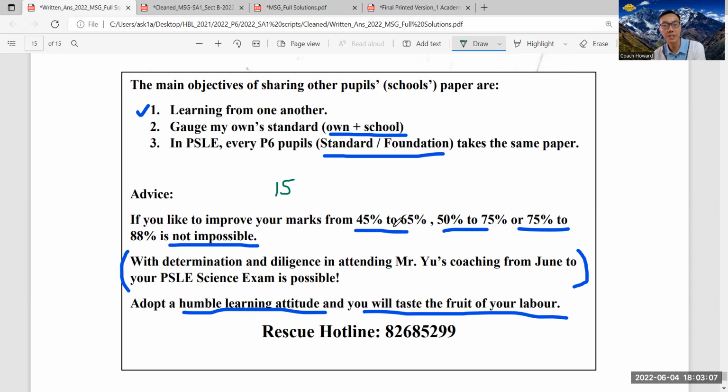So if you fall within this range, either 45 to 65, or 50 to 75, you want to score 88, right? This is achievable for science. So my encouragement and advice to you: be determined and diligent in attending my coaching. From now, we have about 15 weeks left, and adopt a humble attitude in learning so that you can taste the fruit of your labor.